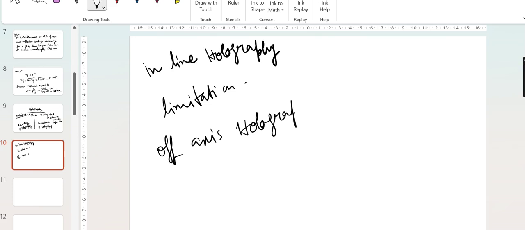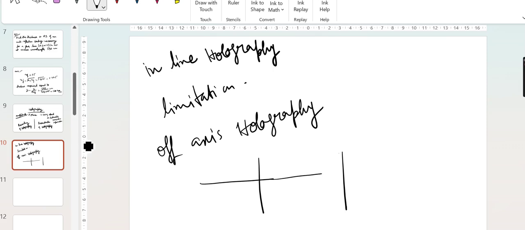So here the images are separated. In inline holography, in the photographic plate, there is an object, so the light comes from here, and it also has a reference beam.